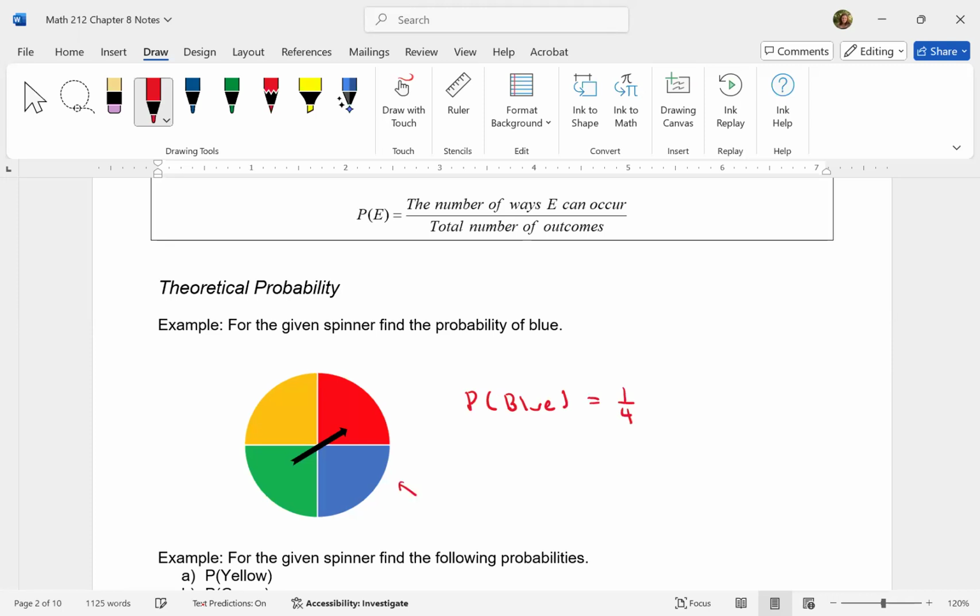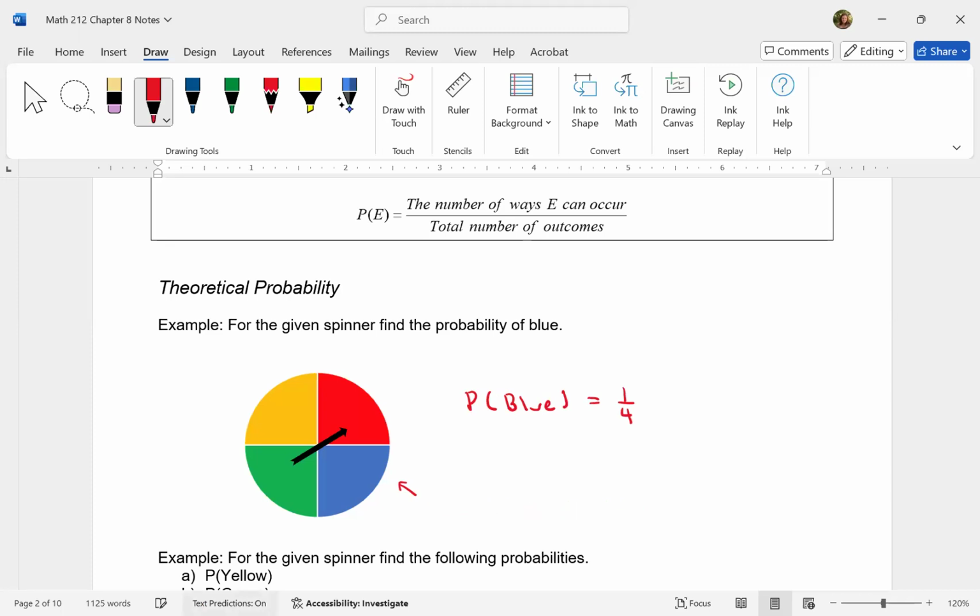And we call all those probabilities having an equal chance of occurring. Sorry, let me say that a little differently.